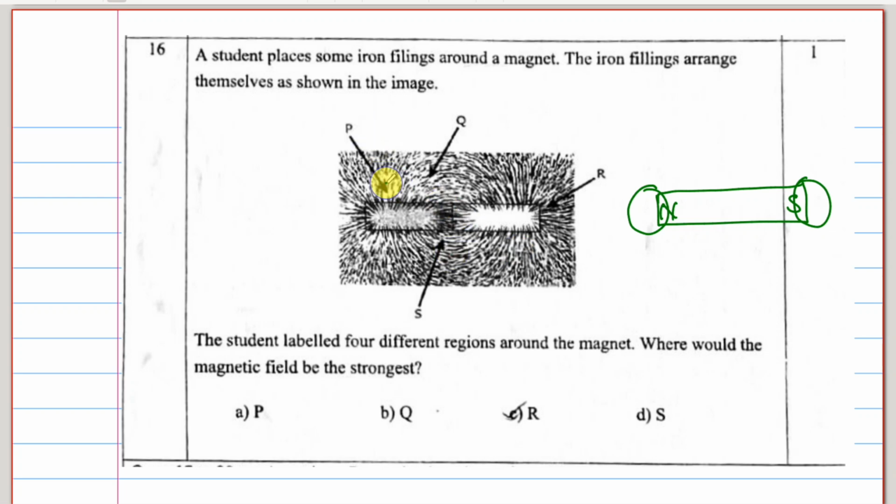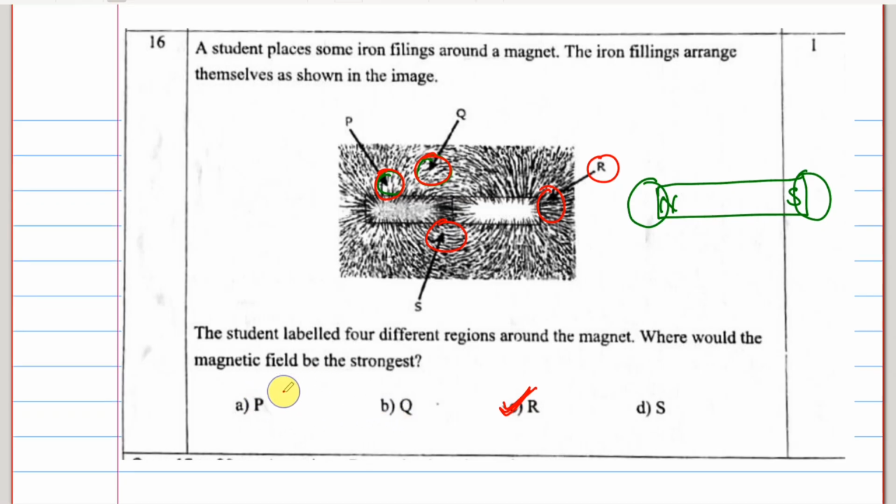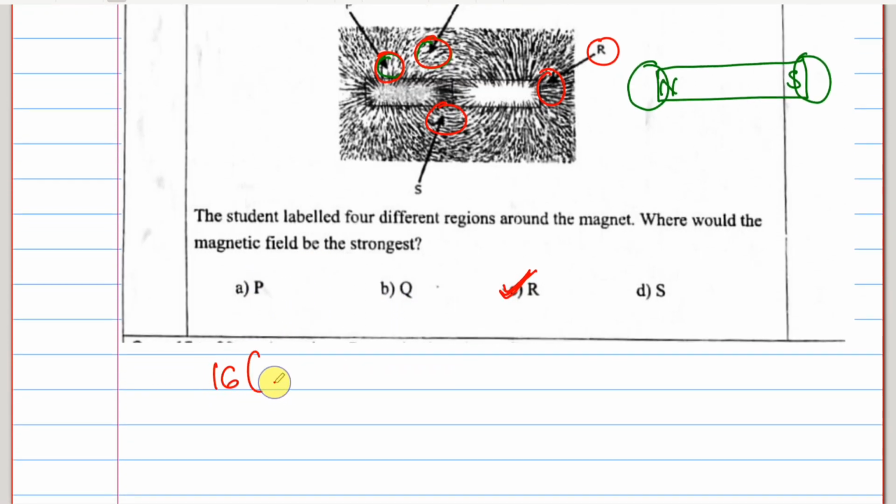So is this region nearer to the pole, or this region, this region, or this region? Because R is nearer to the pole, R must be our answer. So for question number 16, option C is the right answer.